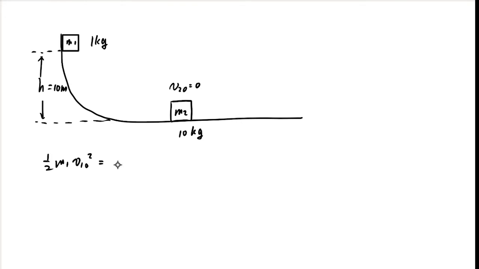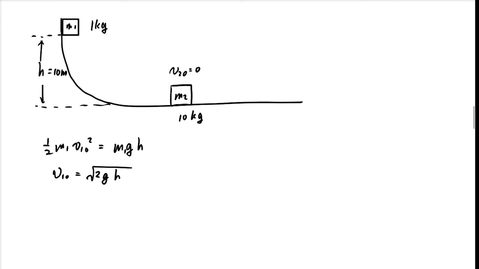The M's cancel, so V1 original is equal to the square root of 2gh. Whatever that is numerically, you calculate it.